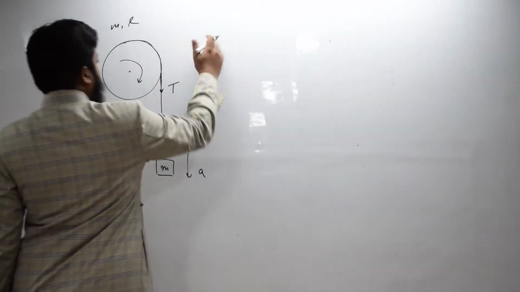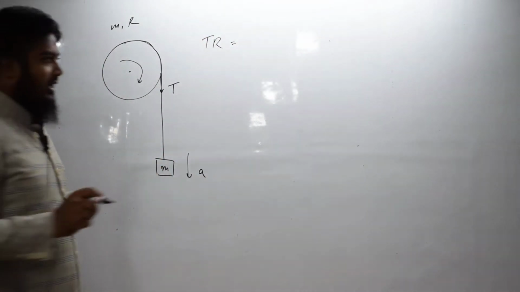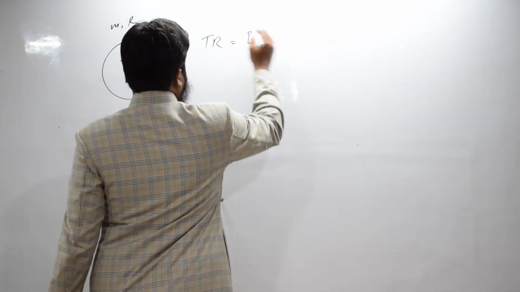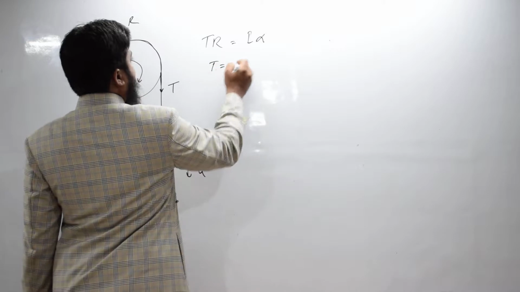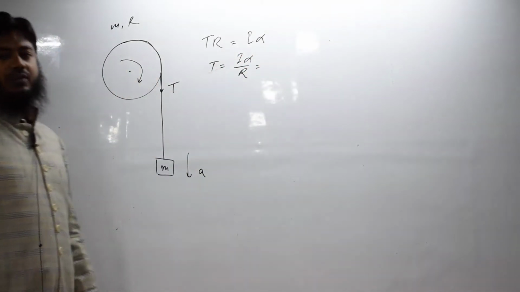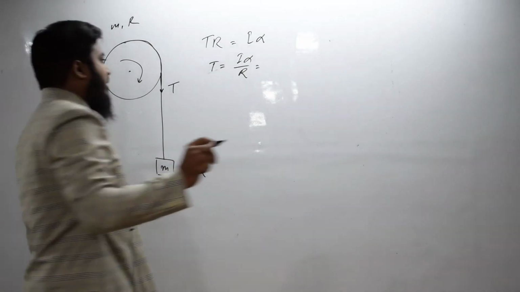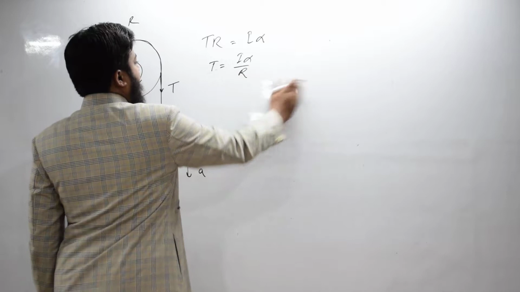So, torque due to tension will be Tr, and torque can be written as I alpha. So, Tr is equal to I alpha, or tension T is equal to I alpha upon r, and the moment of inertia for the disc about its center is half mr square, but leave it here, we will use that later on.